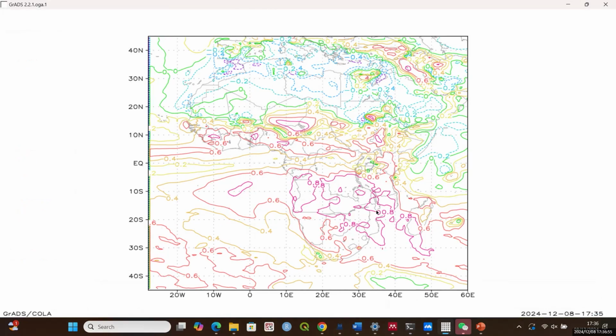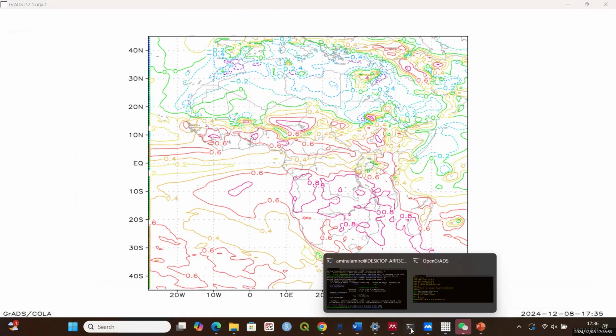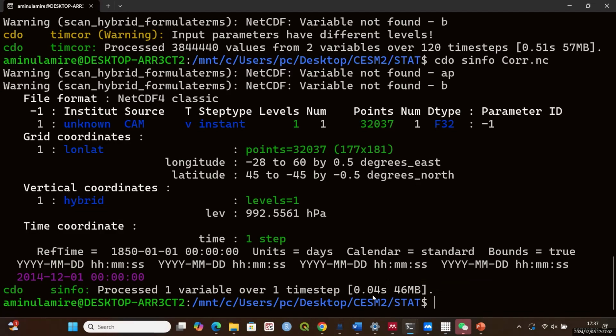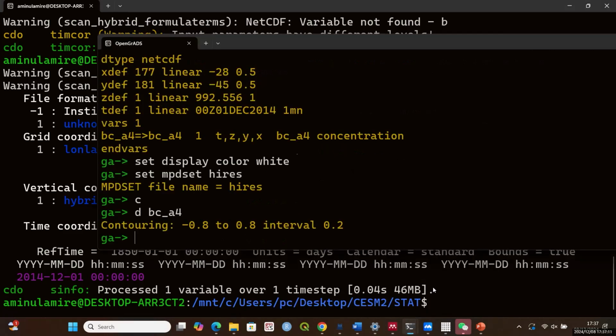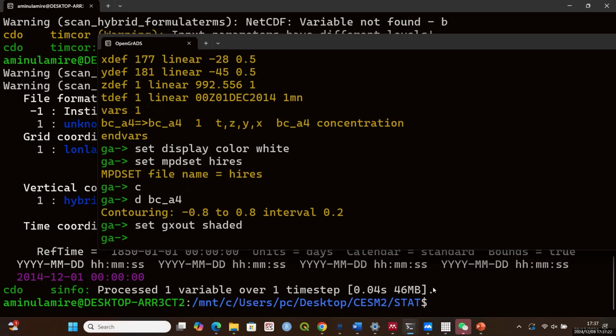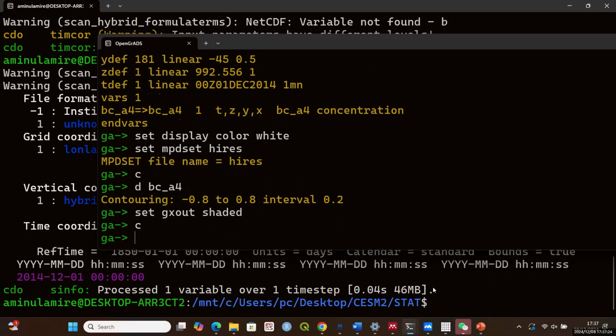If we see it in our graph, it will look like this. Oh, I did the contours. Let's use shaded graphics. You know GrADS by default displays contours, so we need to set it to shaded. Set gxout shaded, then display again.